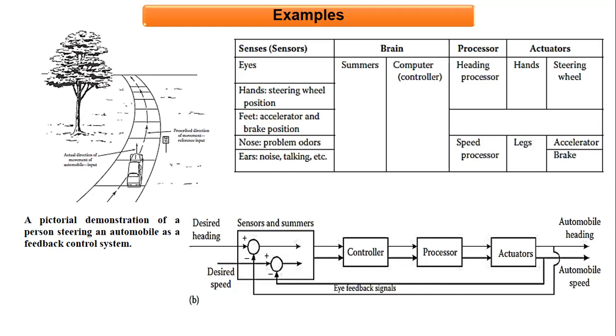When we drive a vehicle, the output variables are the direction, which needs to be taken care of, and the automobile speed, which needs to be controlled. Both the direction and the speed of the vehicle need to be taken care of, right? So this is a closed loop control system, and we can relate this with this block diagram, right?